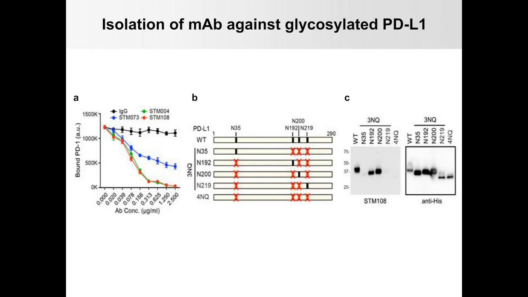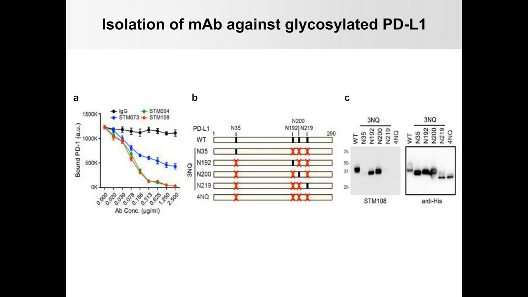So in this case, we created 3 NXT motif mutations, and we kept one, in this case N35, as wild type. And we kept the individual glycan site, glycan structure as wild type, and then we did a simple Western blot.